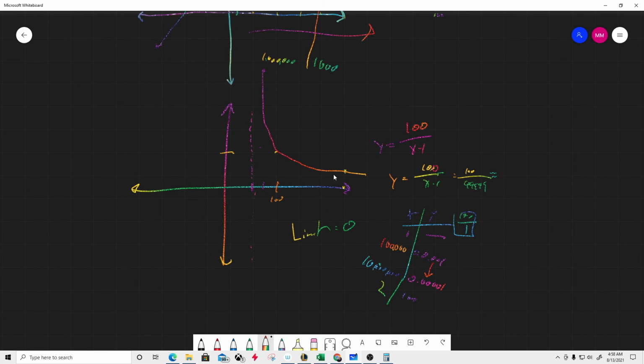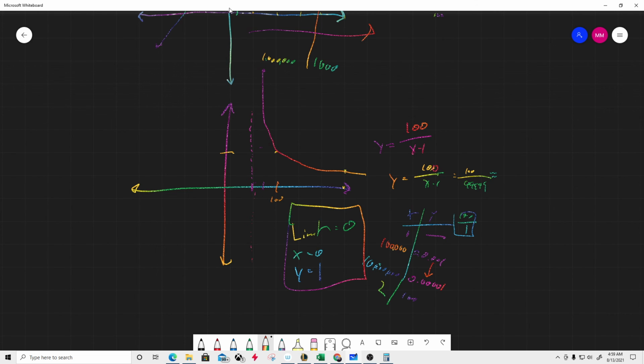So the limit is 0, this will never touch 0, and it'll also never touch what? The limit of x equals 0, and then the limit of y equals what? Remember, if we put 1 in here, the denominator is 0, so it goes undefined. So we know that it'll never be 1.